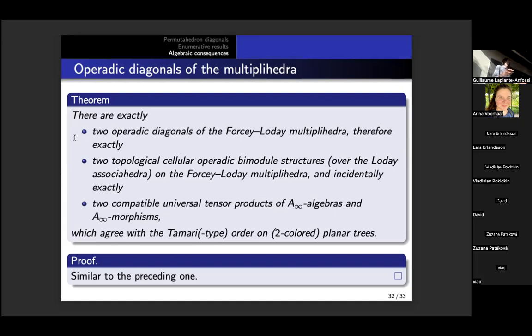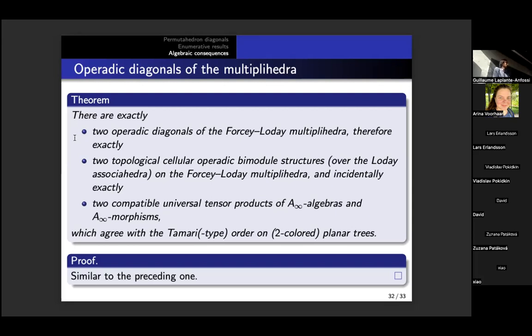And at least for the permutahedron, there's a symmetry of the permutahedron that sends one diagonal to the other. And actually, there's many symmetries, more than one symmetry of the permutahedron that sends one diagonal to the other. So in this case, you have a very geometrical way of seeing it.